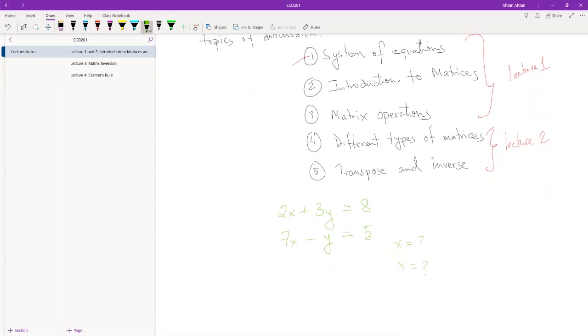I'm going to solve this right now, obviously, don't worry, but I'm sure all of you know how to find the values of x and y. So pause this video right now and try to solve this and find the value of x and y. And once you've done that, you can start the video again and see how I solve it.